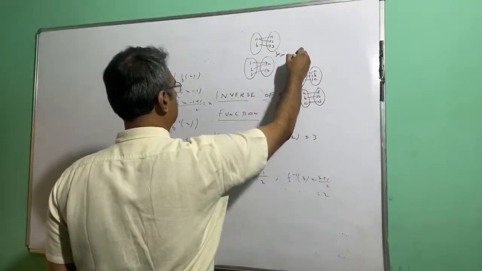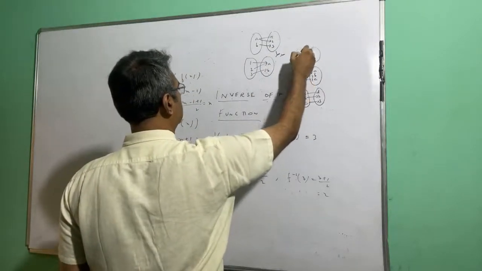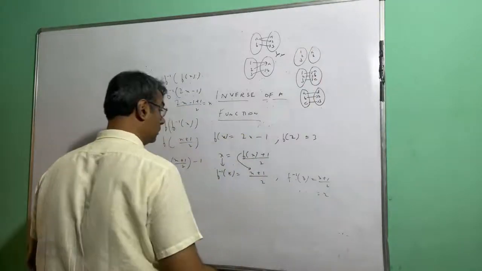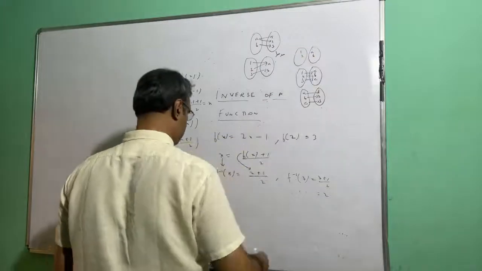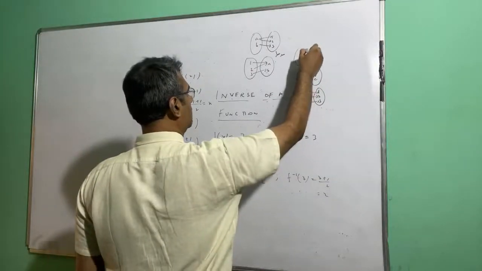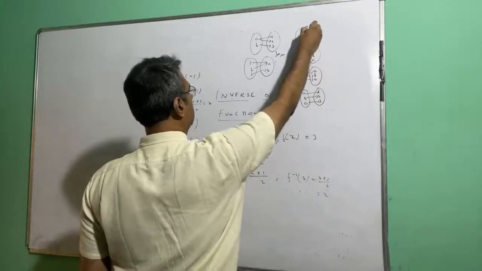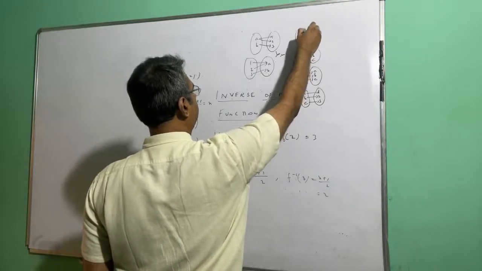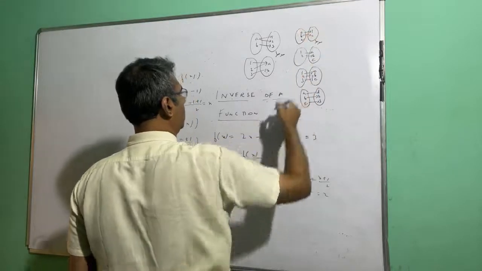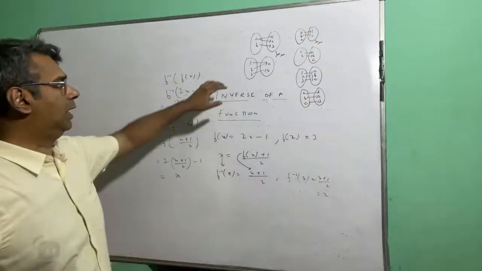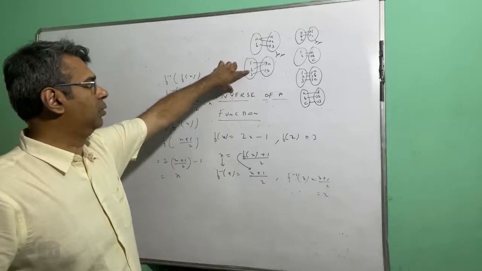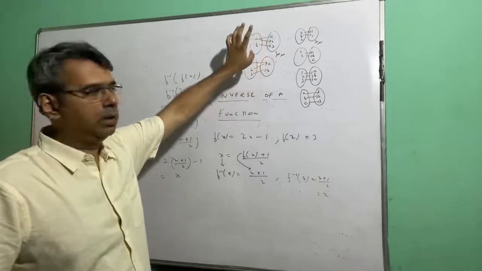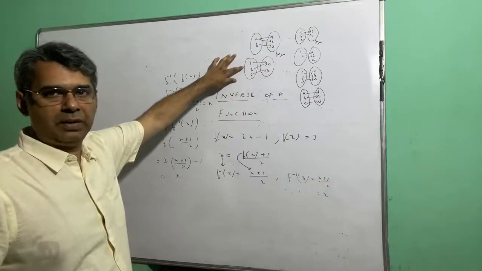Or if you have the original function like this, then also the inverse will not be possible. Because it is many to one. So when you do inverse, it will become one to many. That is not allowed. So you cannot have inverse of this function.